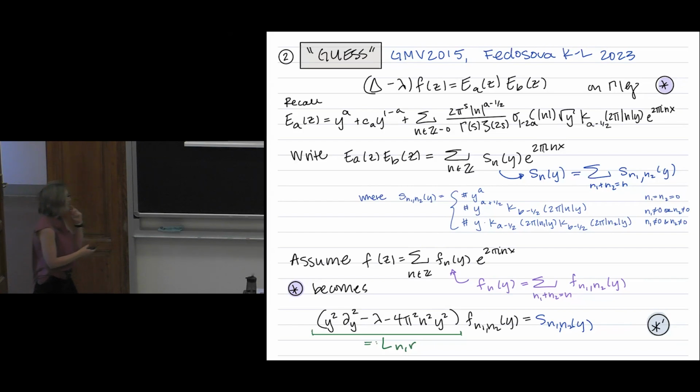I'll later just be calling this L and R because it gets cumbersome to write, but I'll put it up here later. This is just the Laplacian, but you can ignore the x pieces because we're assuming this is translation invariant under that exponential, because in our Fourier expansions the coefficients are only functions of y, right?